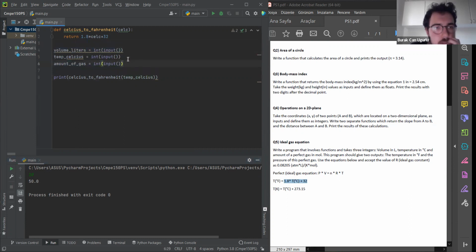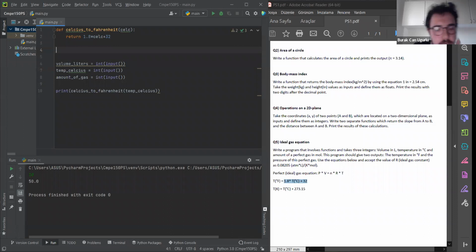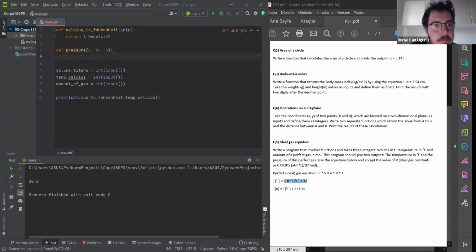So let me continue with the other part of this program. We should define a function to find the pressure here, and I am writing pressure as the function name, and the volume can be demonstrated as V. The value of temperature in Celsius can be used as Tc, and the amount of gas can be used as n, as we define it in chemistry.